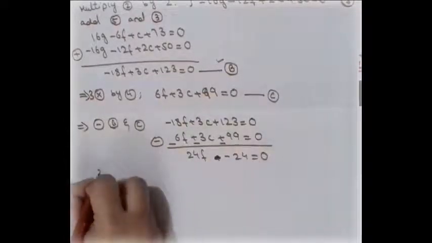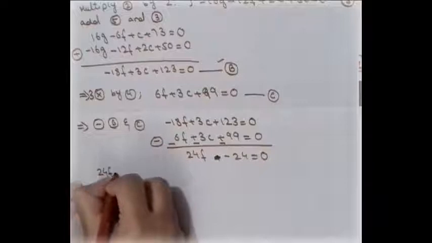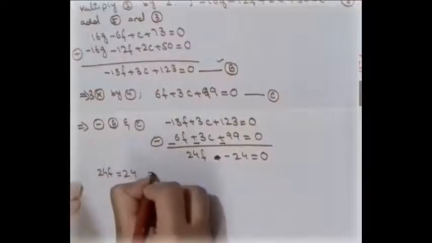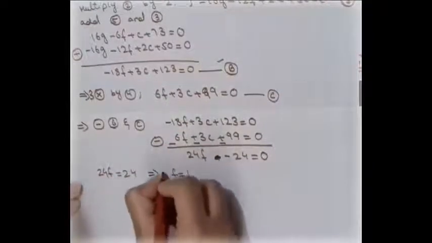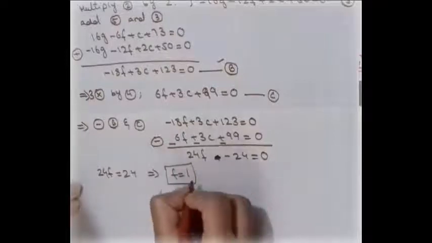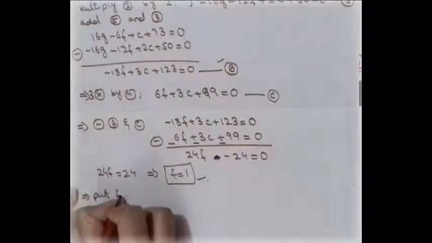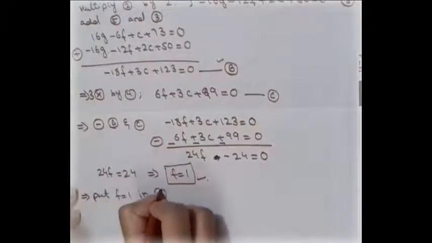If we solve this, we have 24f which is equals to 24, and the value of the first unknown term f is 1. Put f equals 1 in the C equation.